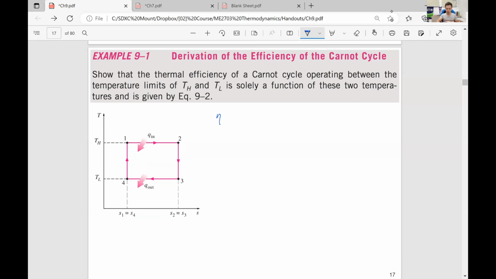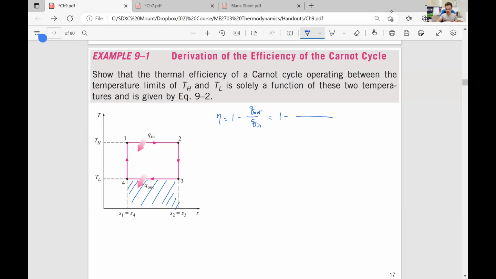So efficiency is 1 minus Q out over Q in, right? This is how we define an efficiency. So 1 minus Q out. Here is Q out. You need to know how to make a TS diagram. So you know this Q out is actually the area underneath this process curve. So this area is Q out.